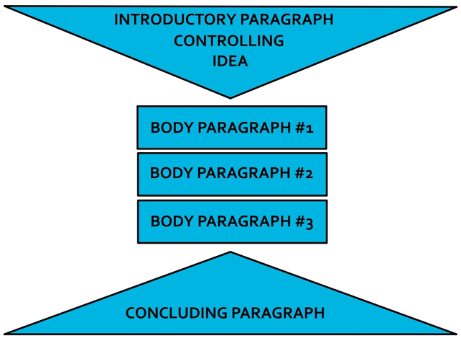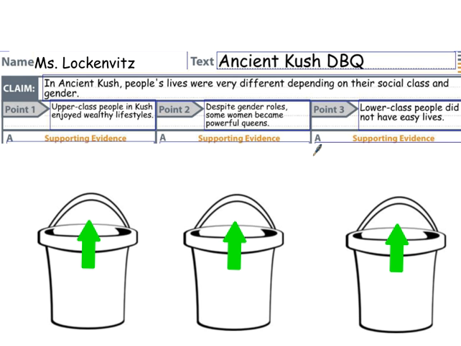In our class in social studies, you have become an expert in studying various sources about ancient Kush. In this claim, if you were to write an essay about ancient Kush, it would sound like this. In ancient Kush, people's lives were very different depending on their social class and gender.